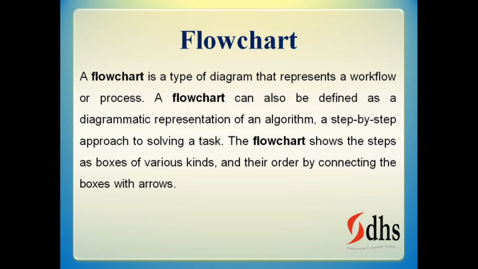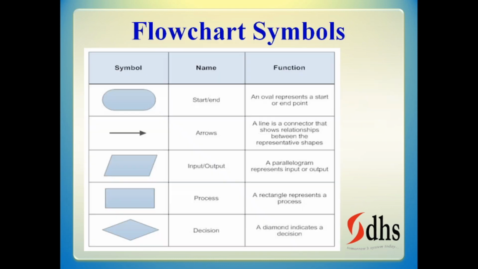The flowchart shows the steps as boxes of various kinds, and their order by connecting the boxes with arrows. Arrows show the flow: which box is going to execute, and what comes next. Each box has one meaning. We can see those symbols in the next slide.